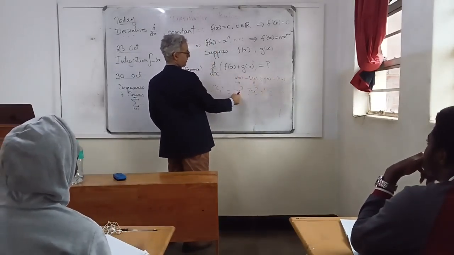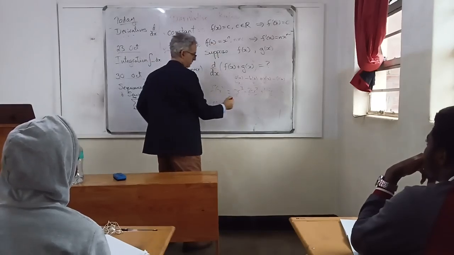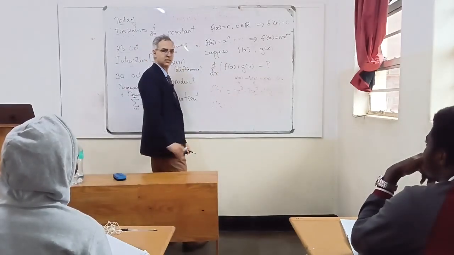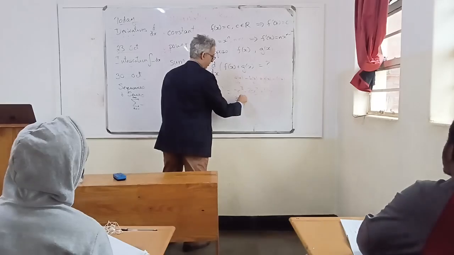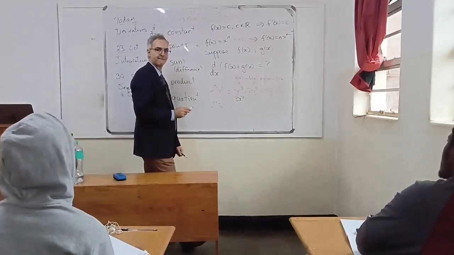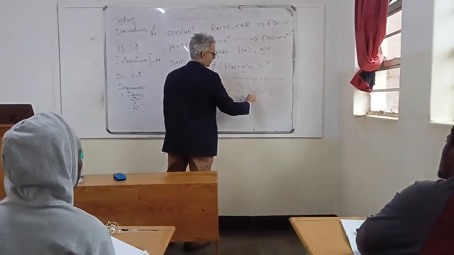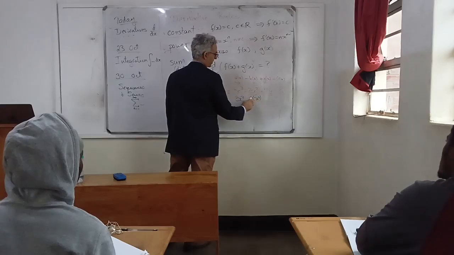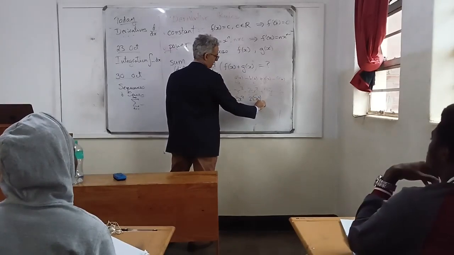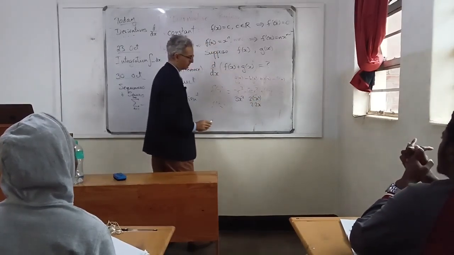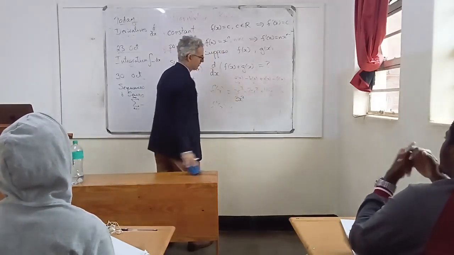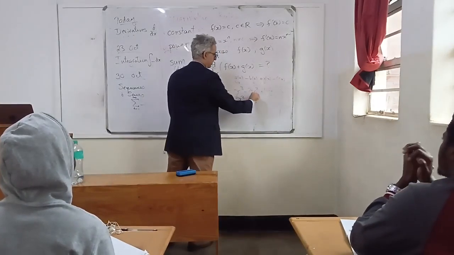I know the derivative of x cubed. I learned how to do that. That derivative is easy. What's the derivative of x cubed? 3x squared. What is the derivative of 2x squared? We haven't actually gone through this, but you can see it'll be 2 times 2x, which is 4x.